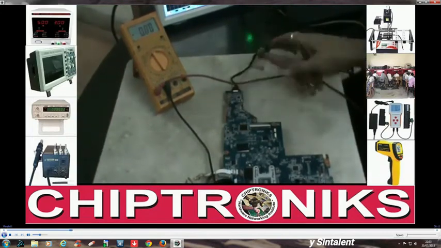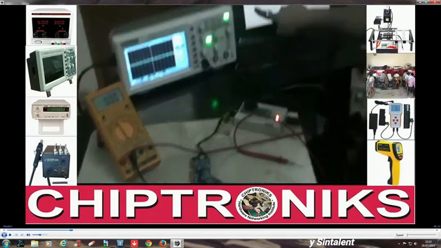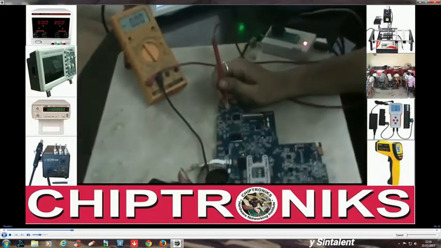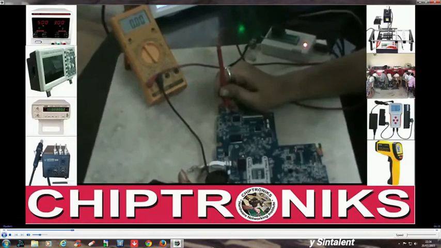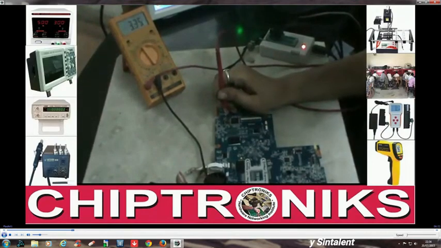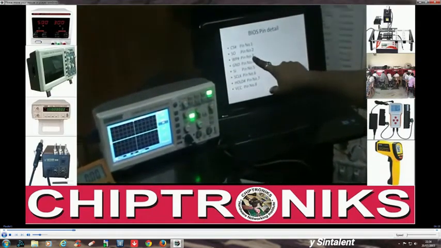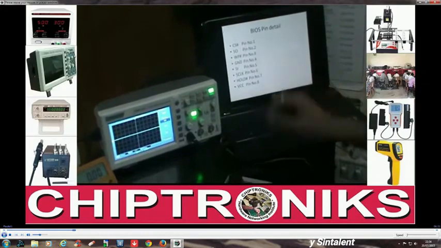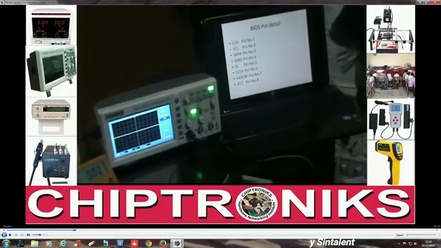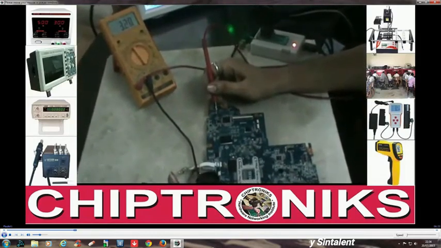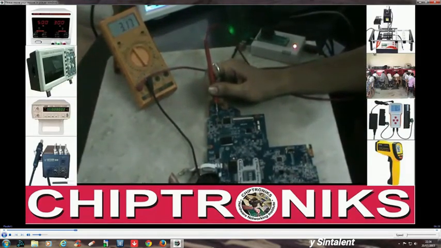Now you need to check pin number 7 also. It has the same voltage, 3.3 volts. And you need to check pin number 3, the write protect pin. Here also we need 3.3 volts.